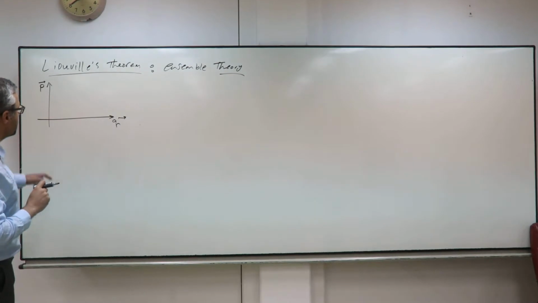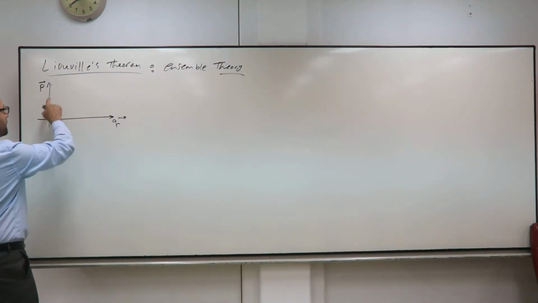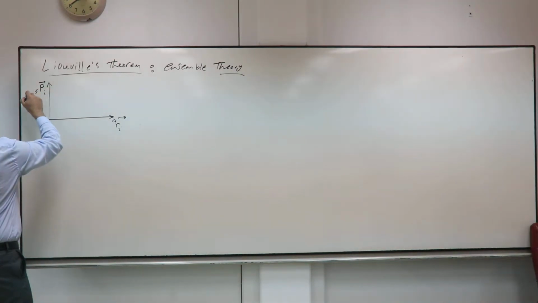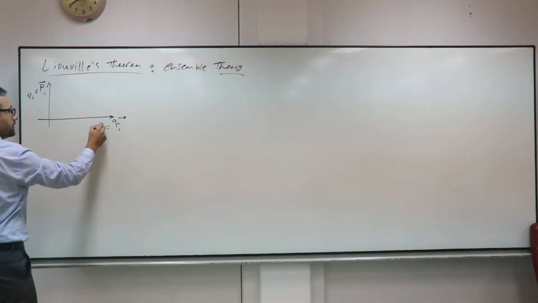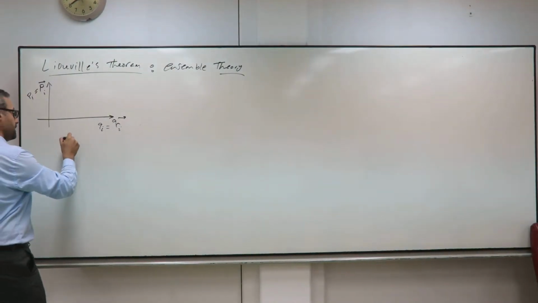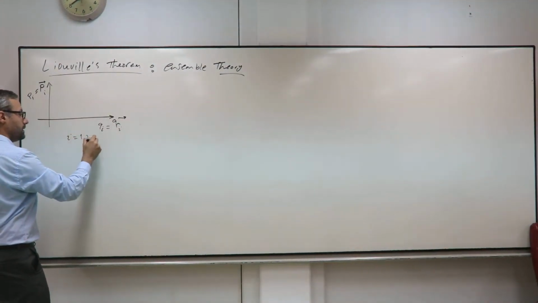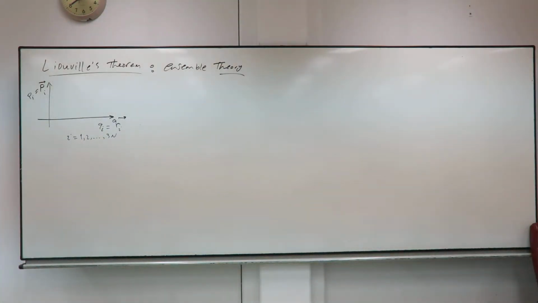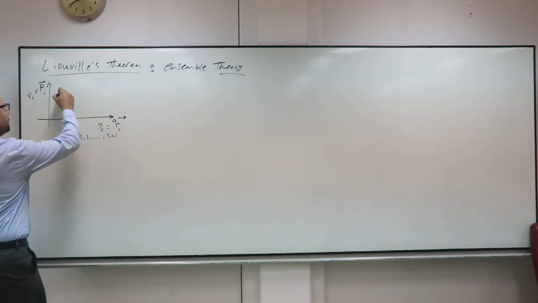So this is just written as a phase space, p_i and q_i, or just p_i or q_i, a representation of the phase portrait, and this index is running from 1 to 3N. N is the number of bodies.